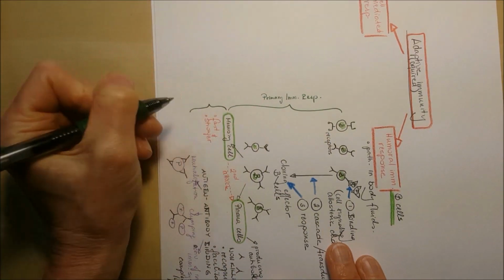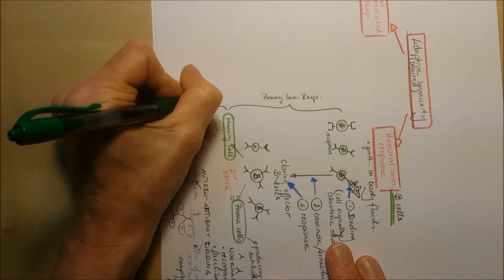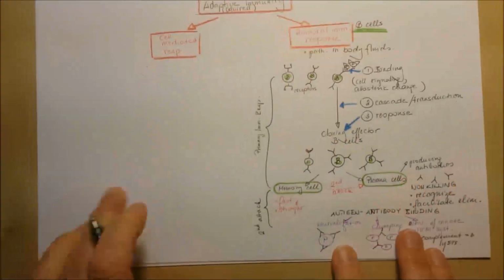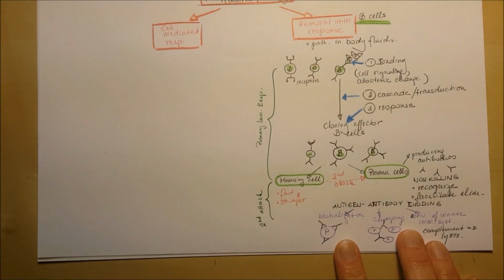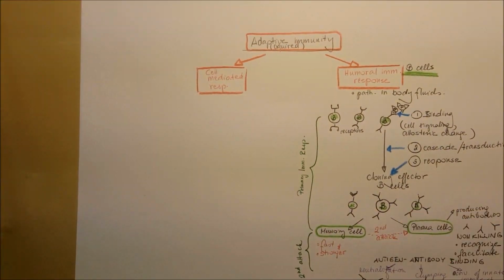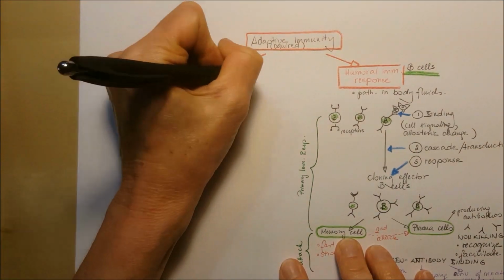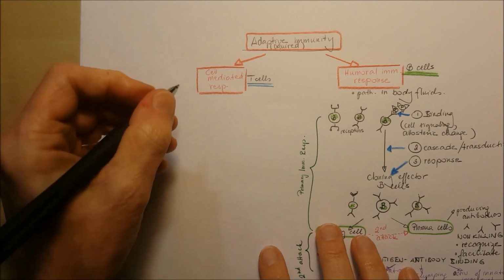The second one happens at the second attack, when the memory cell remembers that invader and right away can form plasma cells very quickly, and the immunity will be stronger, so right away they can get the intruder out.